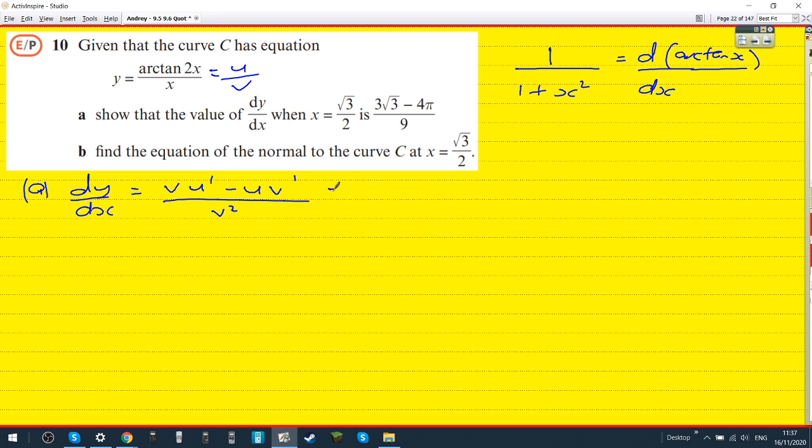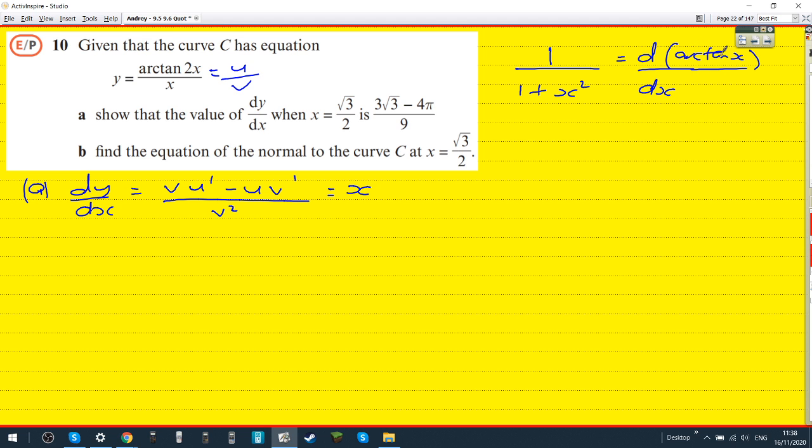Okay, and now I need to do. So arctan 2x over x is the same as u over v. And so do I now do x times arctan x squared 2x? It doesn't work that way.